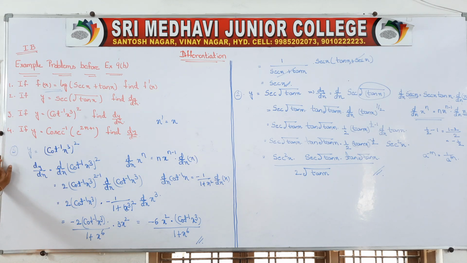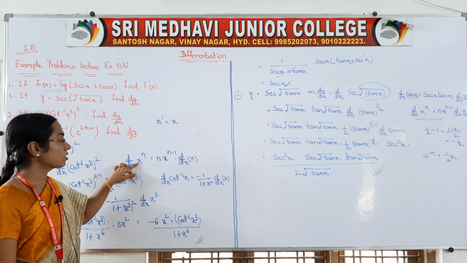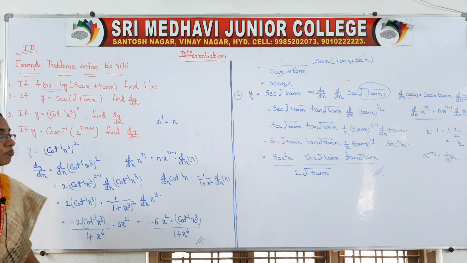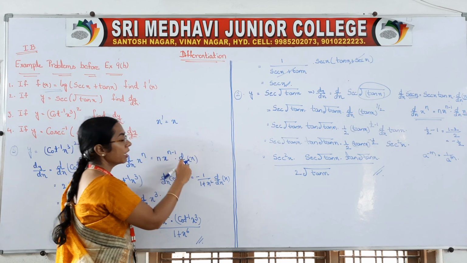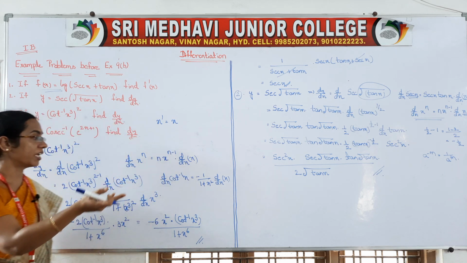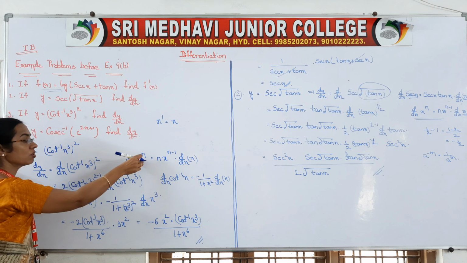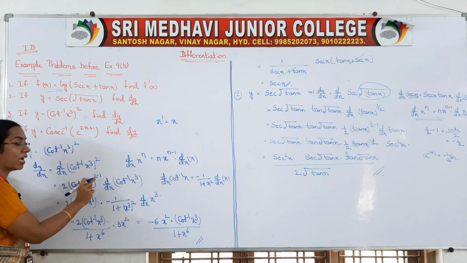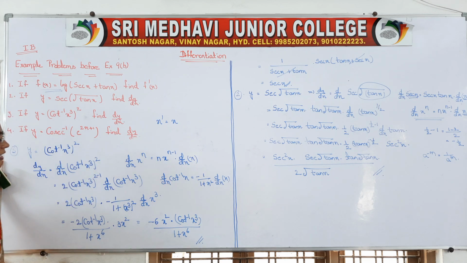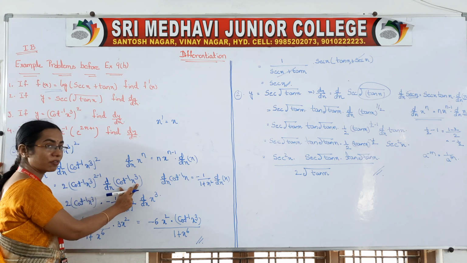Actually this is just like a chain, we are differentiating. Generally d by dx of any variable to the power of n is n into that variable to the power of n minus 1 into d by dx of that variable. So here, instead of x we are having this one. So 2 into that value to the power of 2 minus 1 into d by dx of that variable.